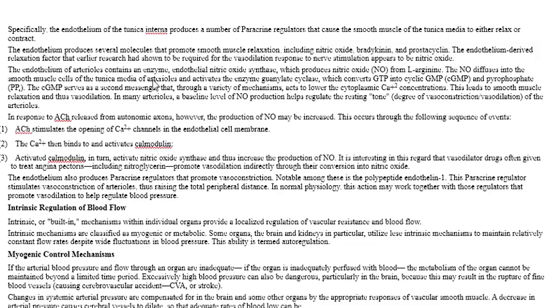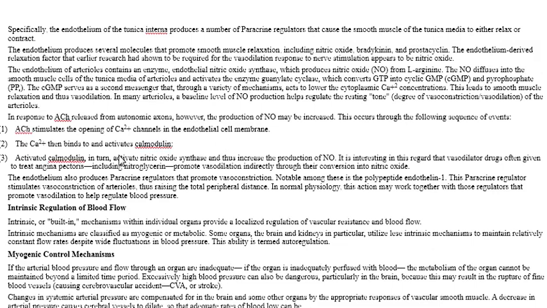You already know about it. In response to acetylcholine, in the nerve, in the axon, the production of nitric oxide may be increased also. So acetylcholine stimulates the opening of calcium channels in the endothelial cell membrane.